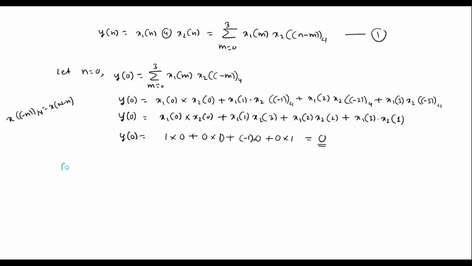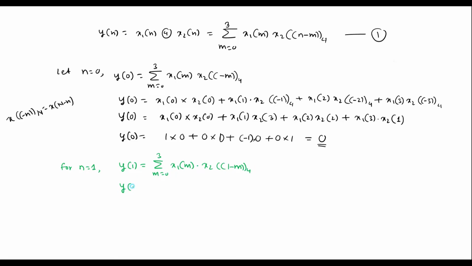Now, for n equal to 1, I can represent it as y of 1 is equal to summation m equal to 0 to 3 x1 of m, x2 of, that is here we are taking n equal to 1, that is 1 minus m of 4.